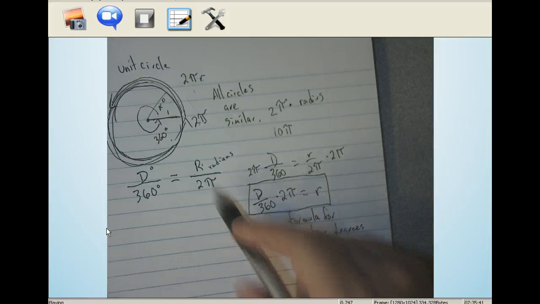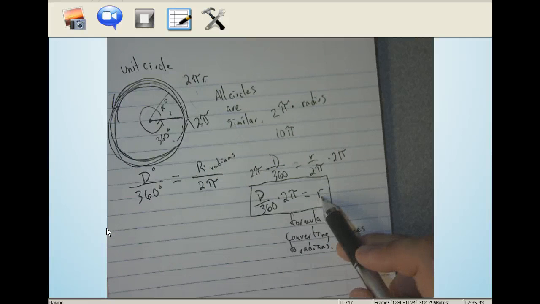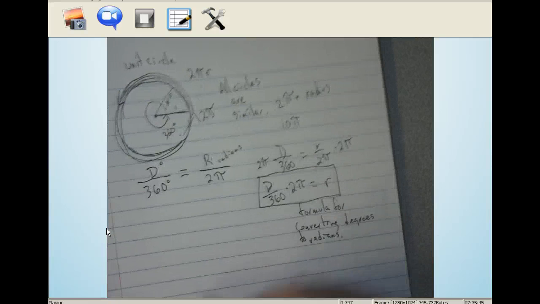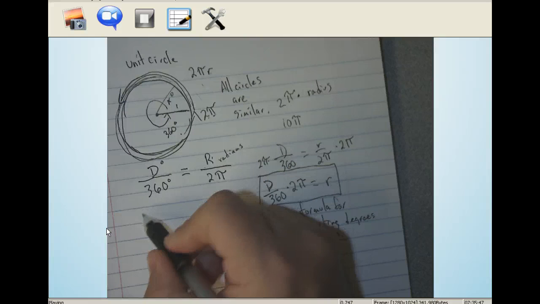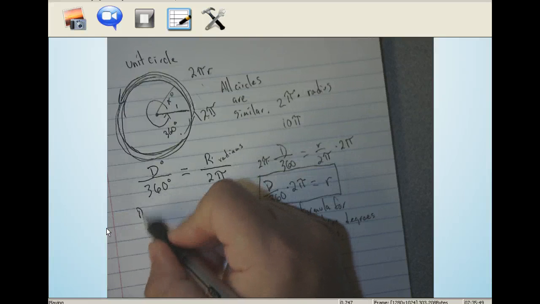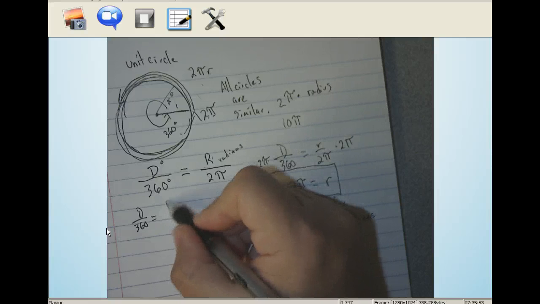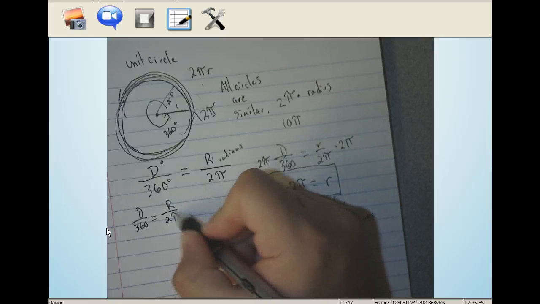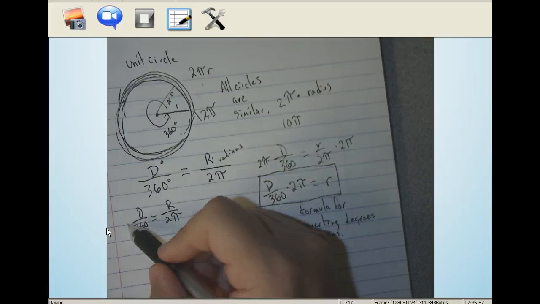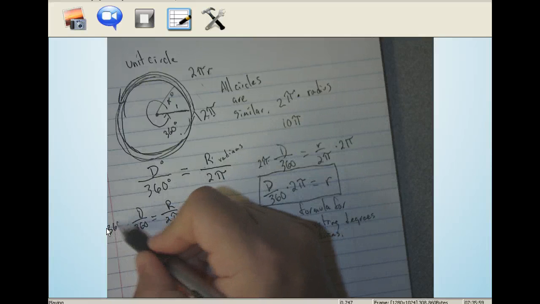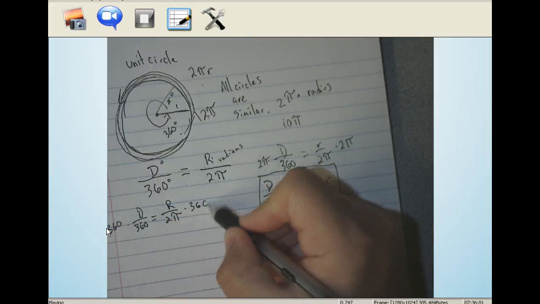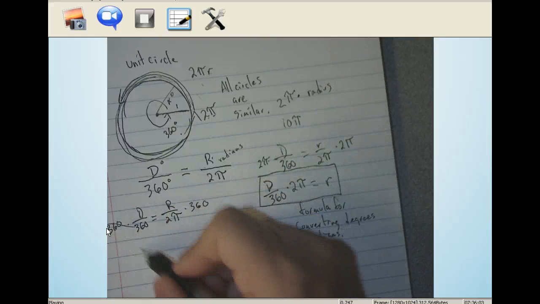Okay? I can take this same thing and find the formula for converting radians to degrees. If I wanted to do that, I could take d over 360 equal to r radians over 2 pi radians, and I would just multiply both sides by 360 and cancel.